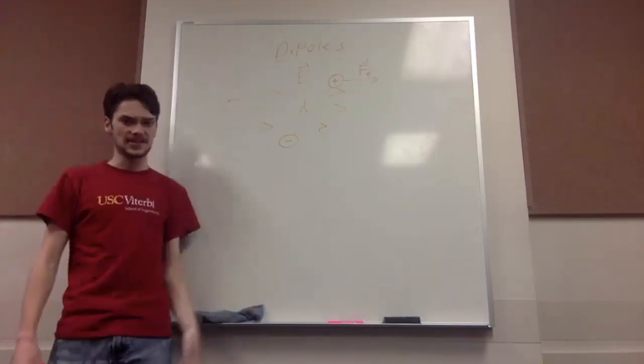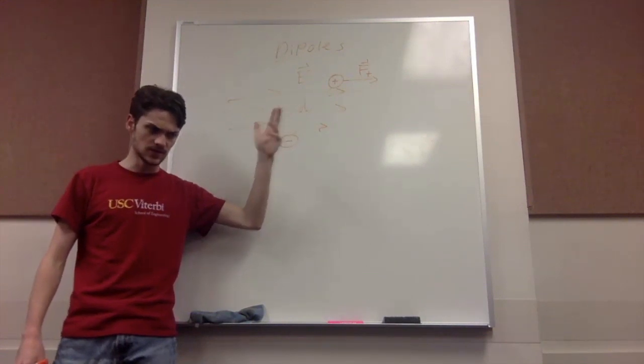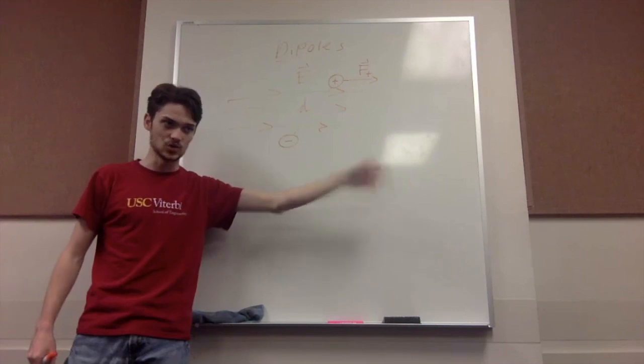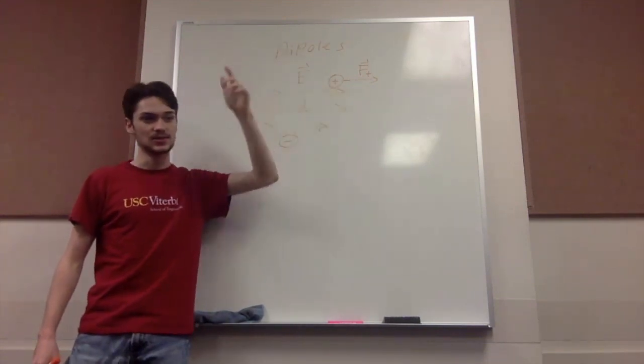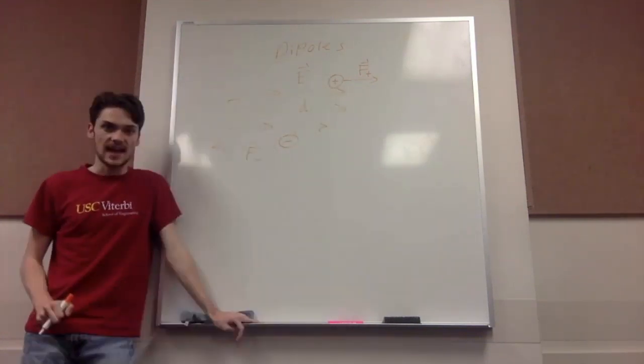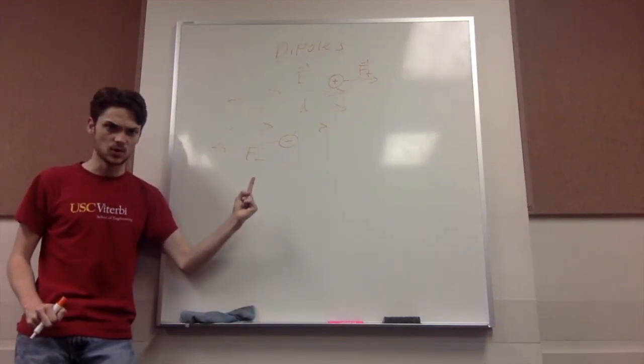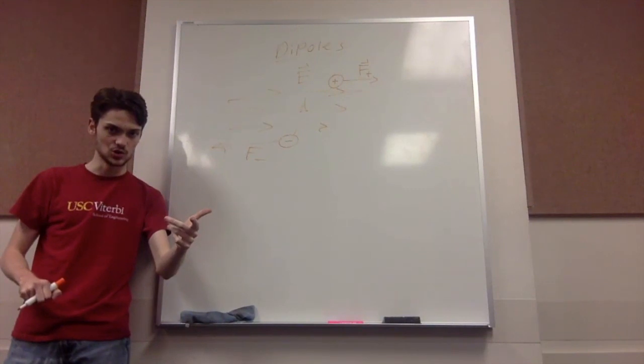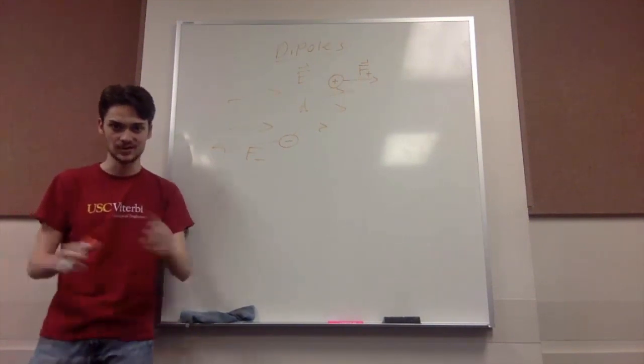Well, I'll tell you. At the positive part of the dipole, there's going to be a force acting that way. The force's magnitude is going to be equal to the charge of the particle times the intensity of the electric field. And at the negatively charged end of the dipole, we are going to have a force acting this way, also equal to the charge of the particle times the electric field.